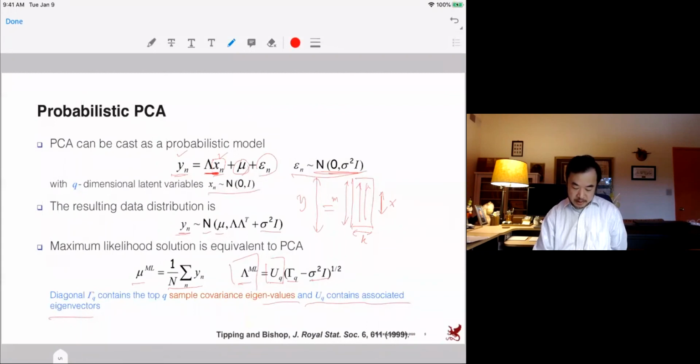So remember, this is a diagonal matrix, and this is a skinny transformation matrix, right? Which is k such eigenvectors. Therefore, this one is also a skinny transformation matrix.